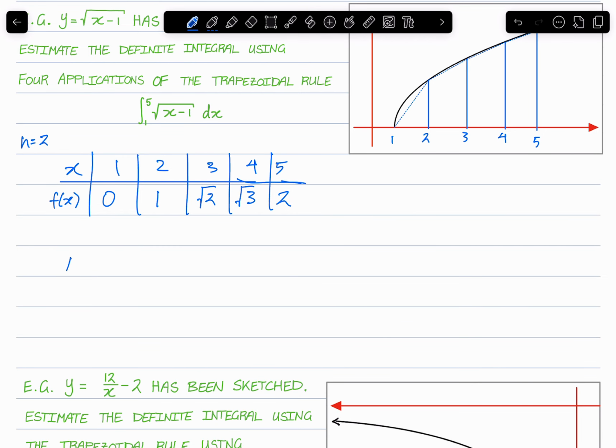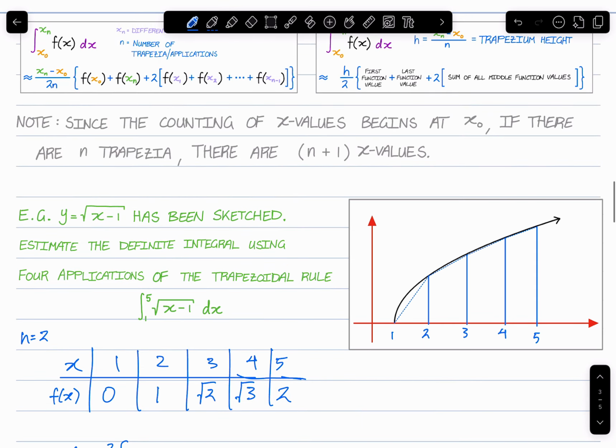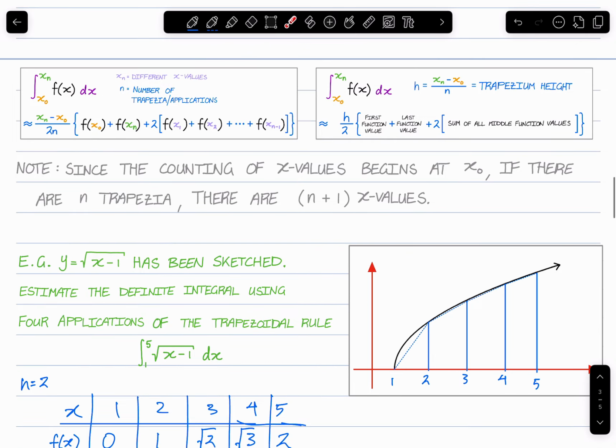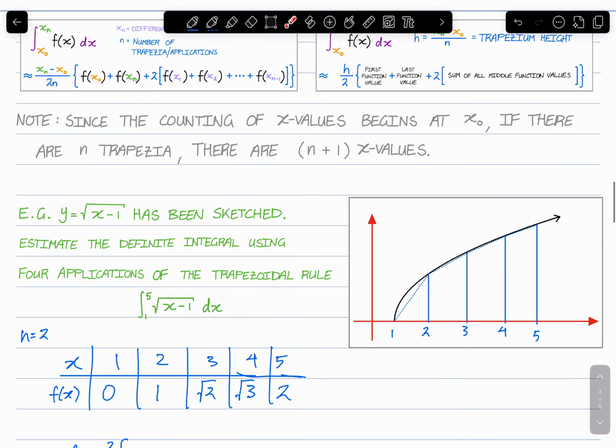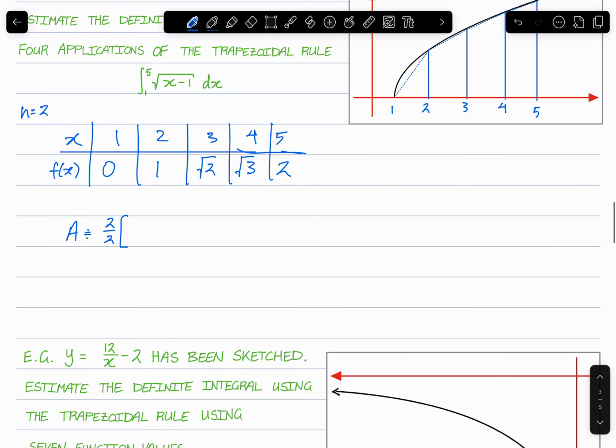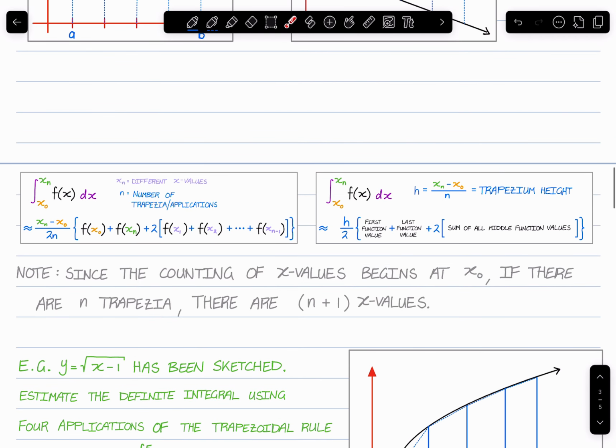And so now the area of this is approximately going to be h on 2, 2 on 2, using this formula now. First function value, which is what it's saying here, f of x0. That is our first function value. So 0 plus the last function value here.